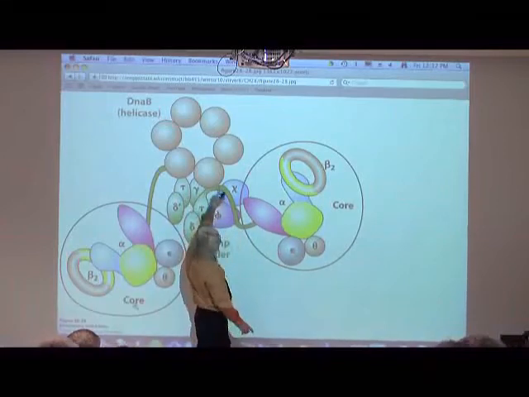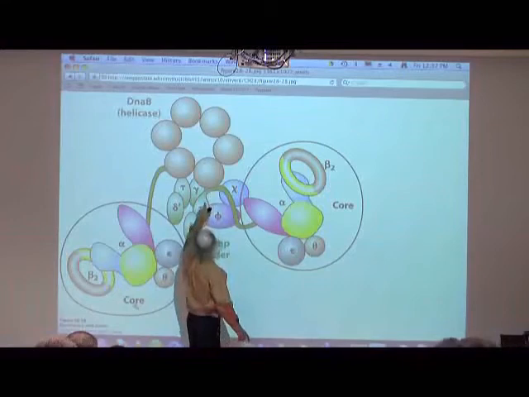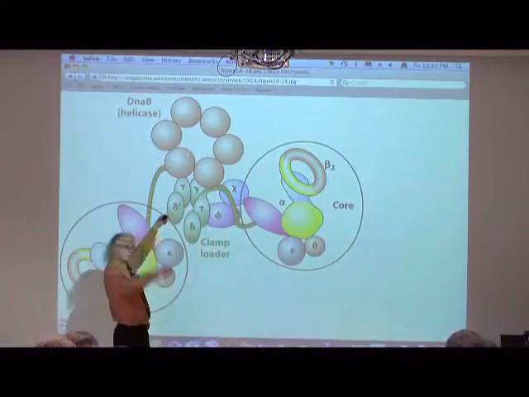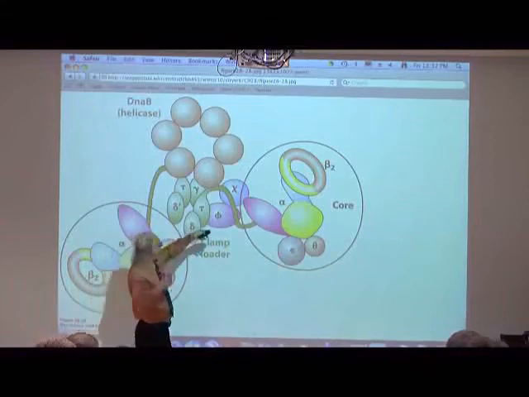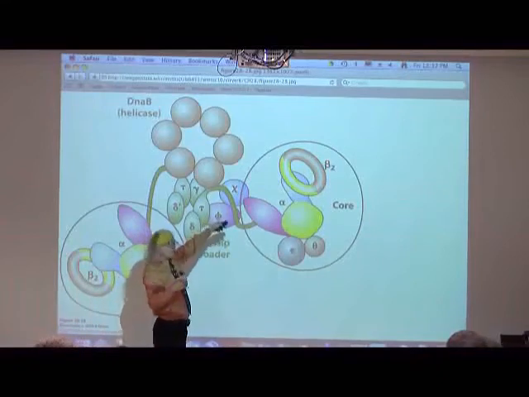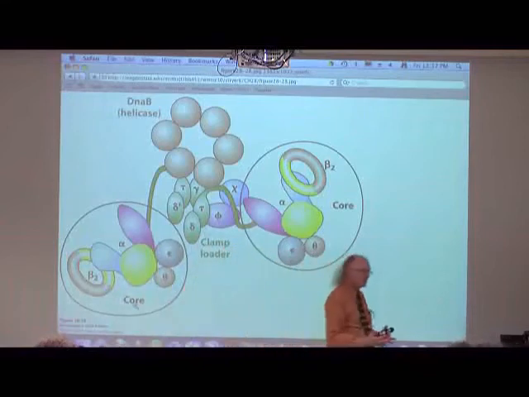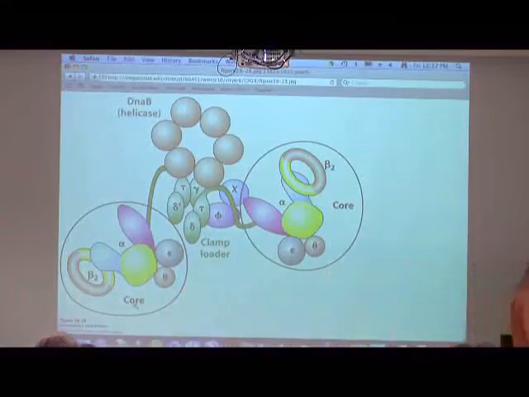This holds everything together. And there's DNA helicase ahead of everything, unwinding the strands. This guy right here turns out to be the key to why DNA polymerase III is fundamentally different than DNA polymerase I. So far, the main difference I've told you has to do with not being able to remove the primers. That's not the key difference.